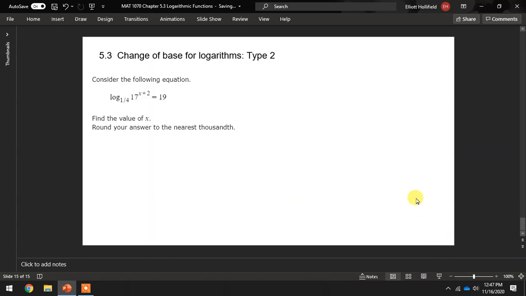Lastly, we have a somewhat complex looking formula that we would like to solve for x. We have the log base 1/4 of 17 raised to the x plus 2, and we want to solve for x.